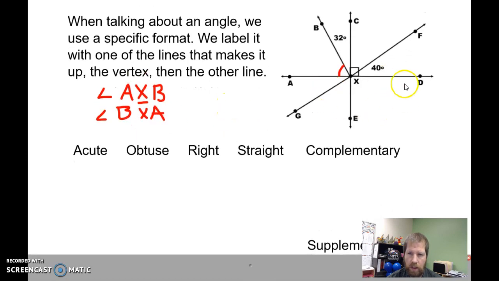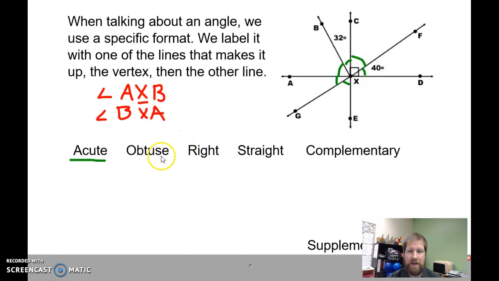So if I'm given this diagram and I am asked to find all the acute angles, I'm looking for anything that's less than 90 degrees. So this one's going to be acute, this one's going to be acute, this is going to be acute, this is going to be acute, this one's going to be acute, and this one's going to be acute.